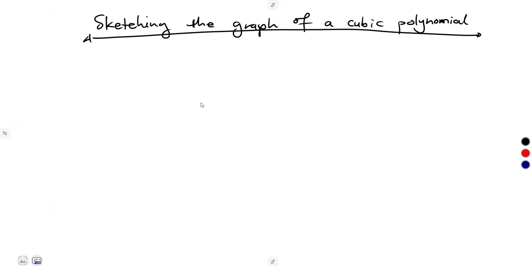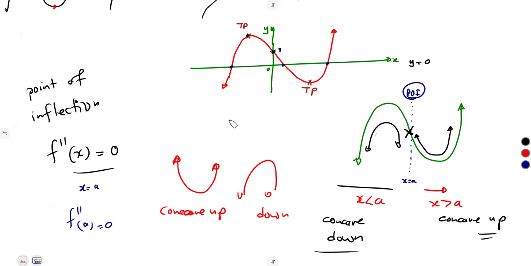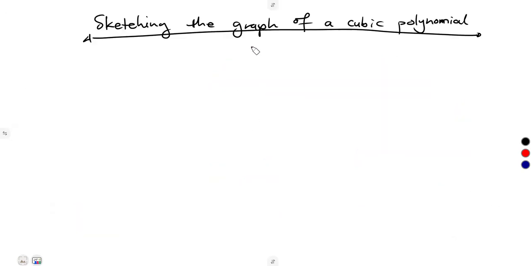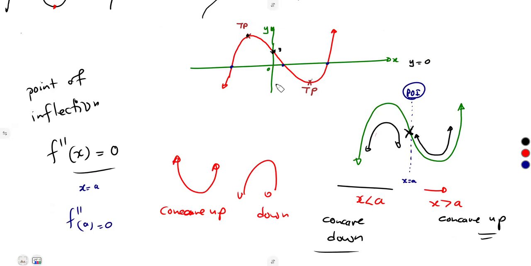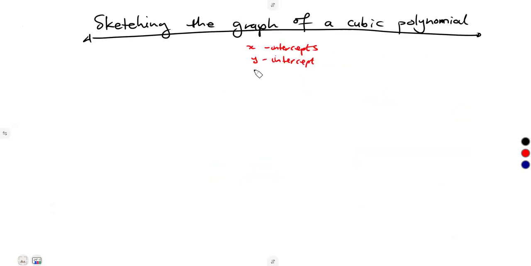In actual sense, what is important from what we saw there is the x-intercepts, the y-intercept, the turning points and the point of inflection.